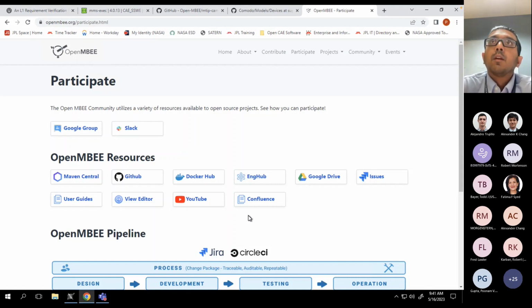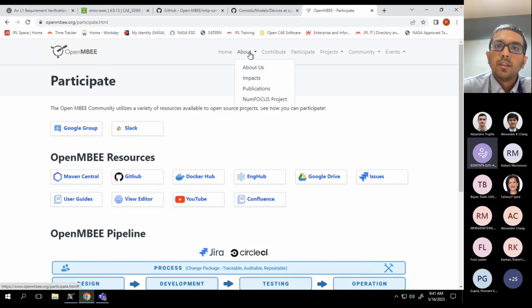MMS is, again, a containerized Java application. So both View Editor and MMS can be deployed via Docker. The NDK allows for plugin integration with Cameo and other tools, and full information about that is on OpenMBEE.